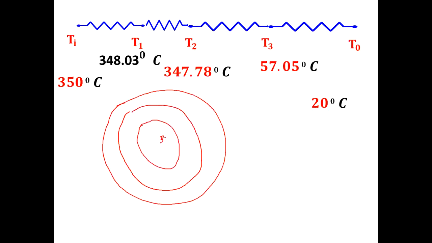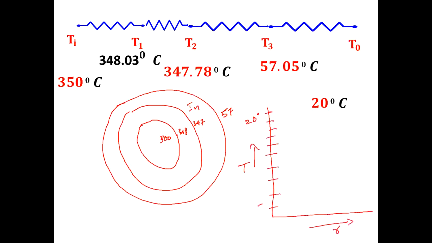Here it is 350, here 348, here 347, here it is 57. Why? Because it is insulator. 57, drastically it is reduced, and then outside you have 20 degrees Celsius. If you plot the graph like this, 50, 100, 150, 200, 250, 300, 350, 400.